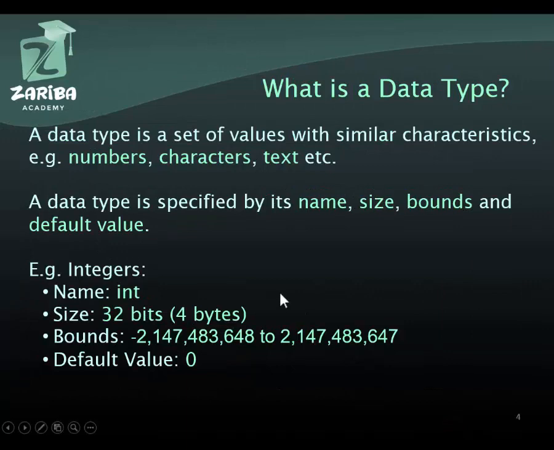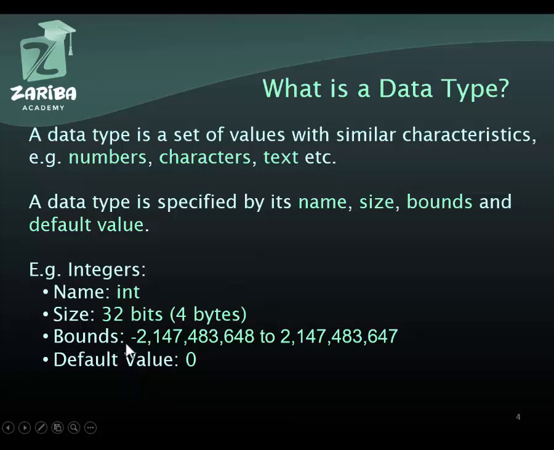So here is an example of the specification of integers. So the name is int. We saw that. This is the keyword with the help of which we initialize our variable. Size is 32 bits or 4 bytes. I'm not going to go into much detail why, how it is calculated and so on, and it has to do with zeros and ones, but I really don't want to go into much detail.